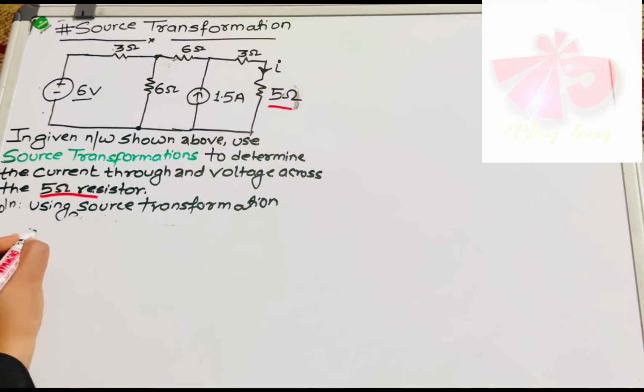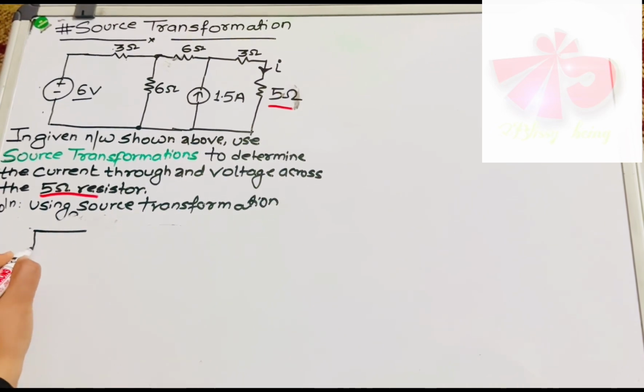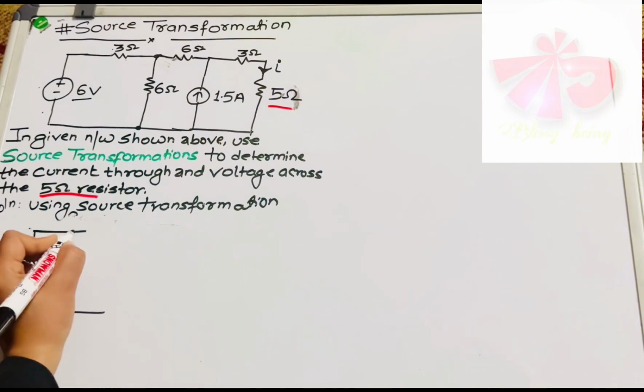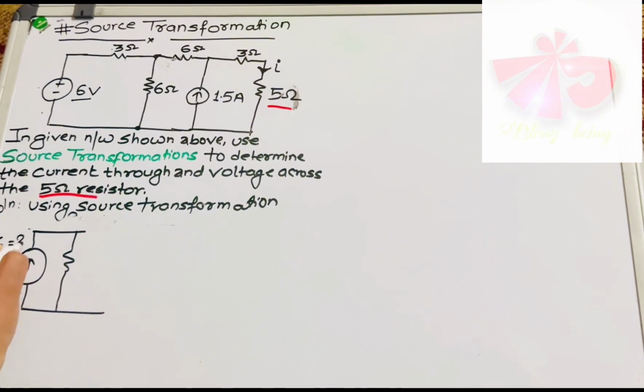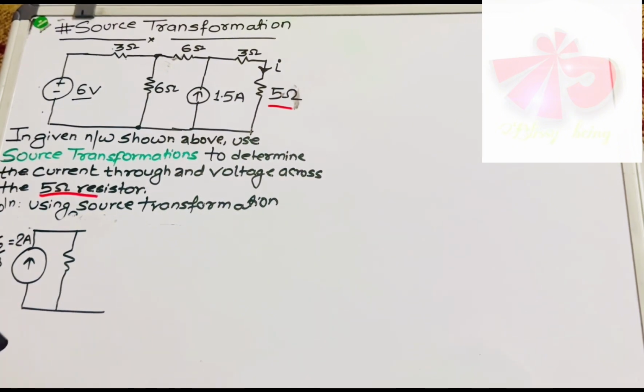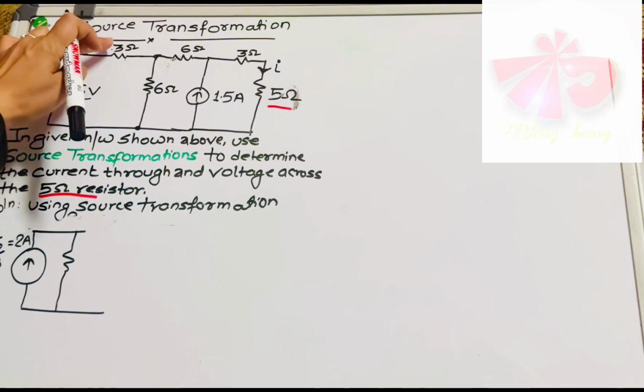That's why we can draw the circuit like this. After that, what will be the value of this current source? As mentioned earlier, it will be V by R, which is 6 upon 3, equals 2 ampere. This one is the voltage, this one is the resistor.